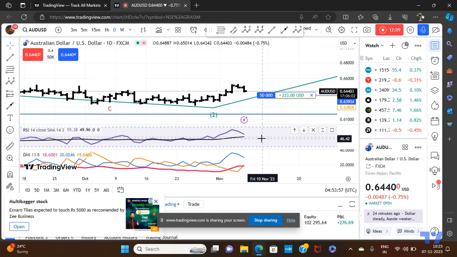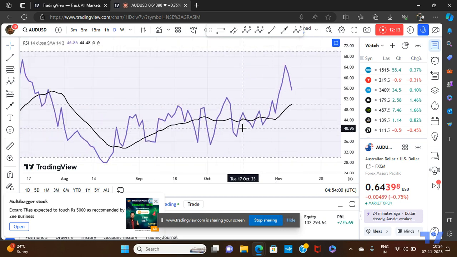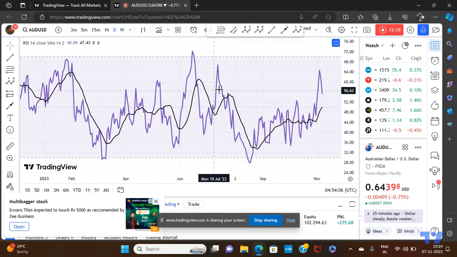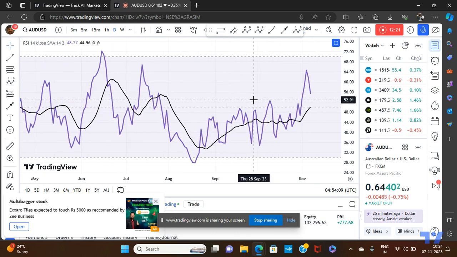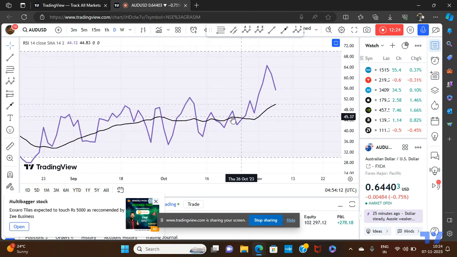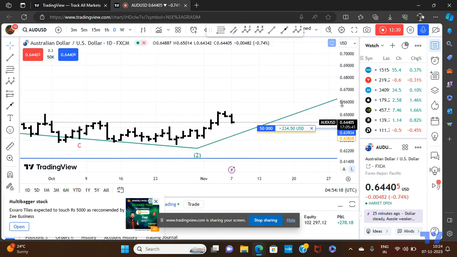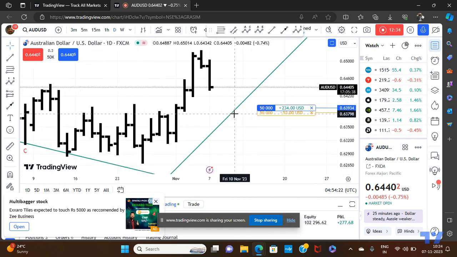Let me see the RSI. 3, 4. One more boom in RSI. It should stop.